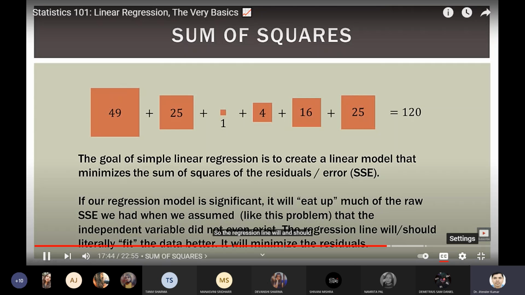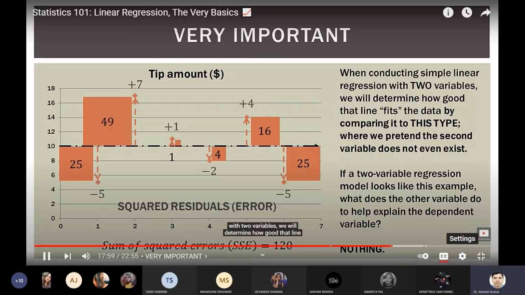So when conducting simple linear regression with two variables, we will determine how good that line fits the data by comparing it to this type, where we pretend the second variable does not even exist.